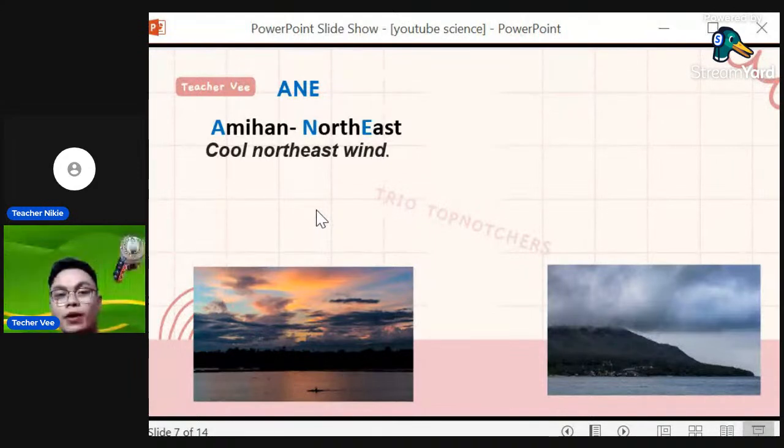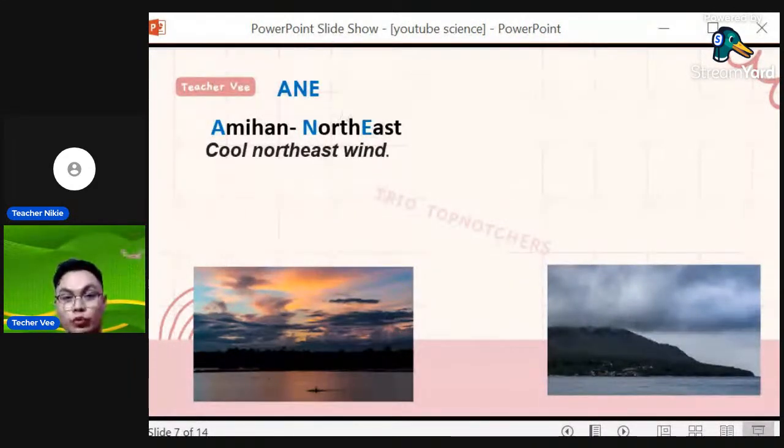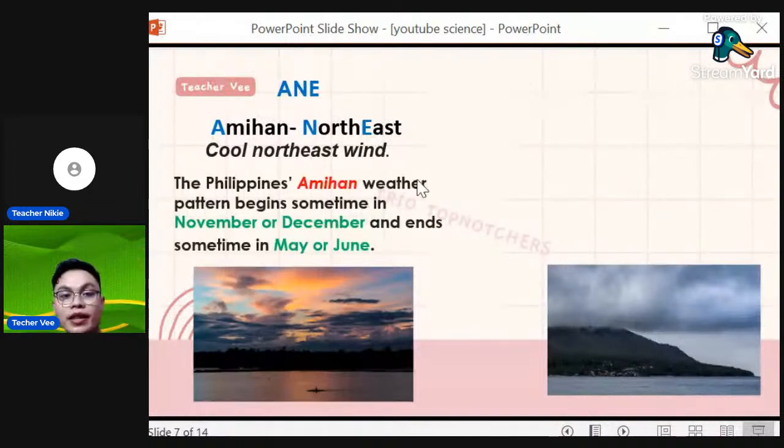So, usually si Amihan po, cool northeast wind po siya. Okay? And then the Philippines amihan weather pattern begins sometime in November or December and ends sometime in May or June. Kaya nga, tuwing mga Ber months, naramdaman natin yung lamig, no?